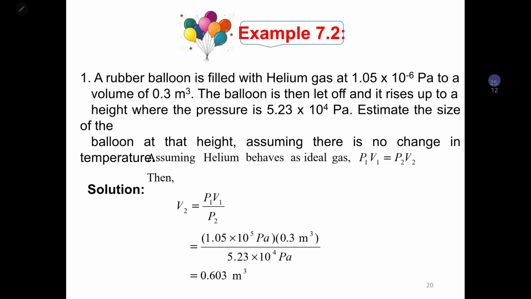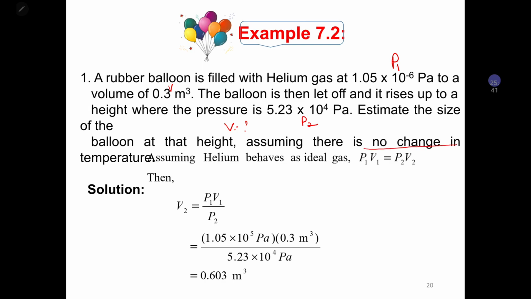Okay, for example, a rubber balloon is filled with helium gas at a pressure of 1.05, P1, and a volume of 0.3. The balloon is let off and it rises up, so this is P2. They ask for the final volume.